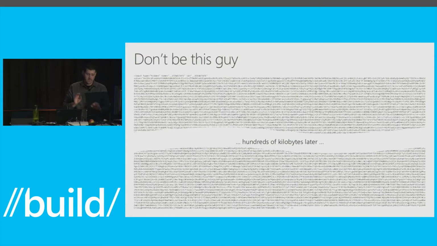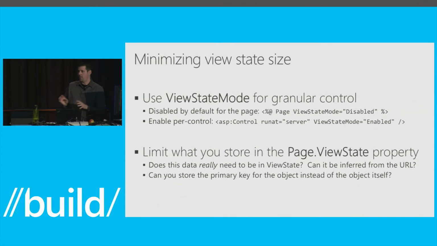Now, it's great in concept. What we've seen people do, though, is they store images inside view state, or they store entire ORM objects inside view state. What this should actually be titled is please use view state responsibly.